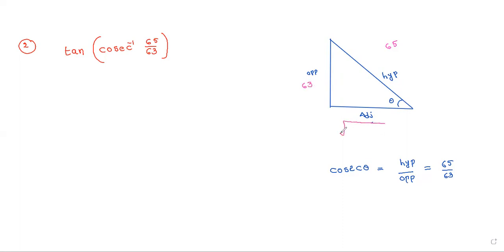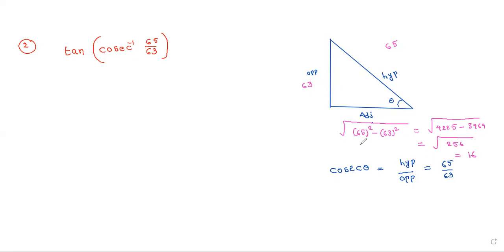First take the square root of the bigger value: 65 whole square minus 63 whole square. 65 into 65 is 4225, minus 63 into 63 which is 3969. Subtracting gives 256, square root of 256 is 16.